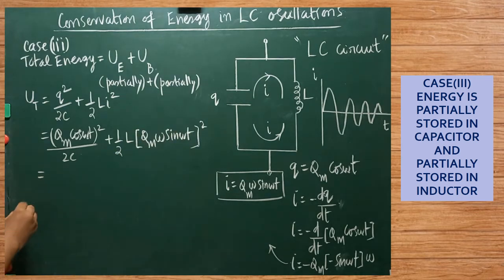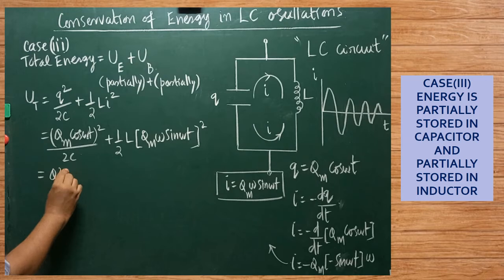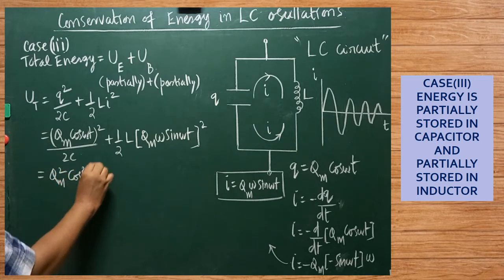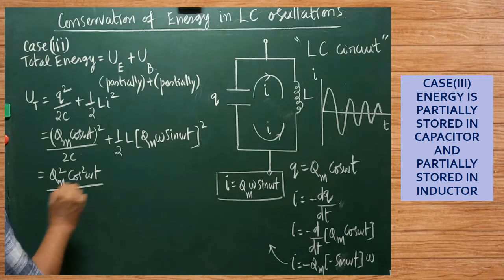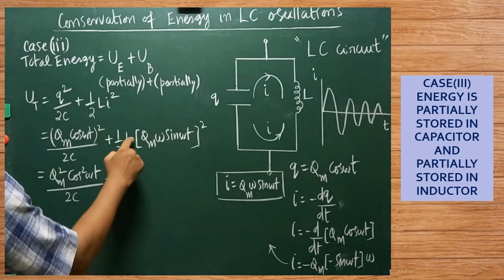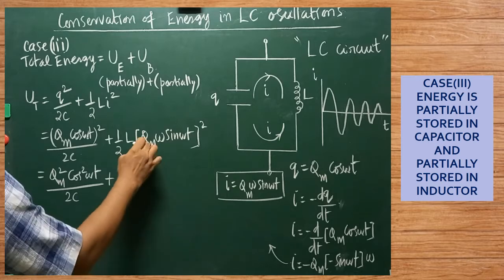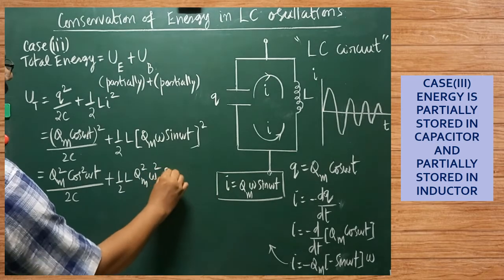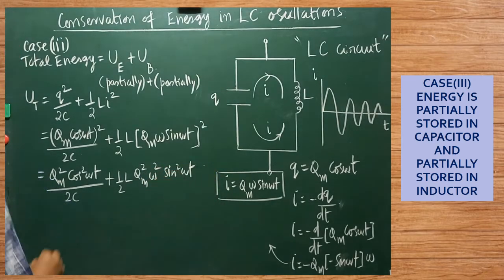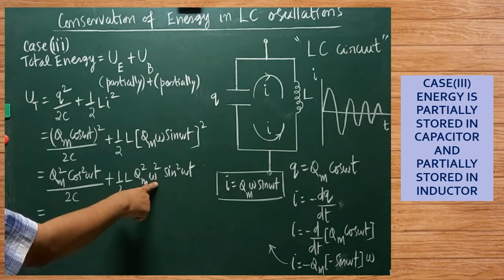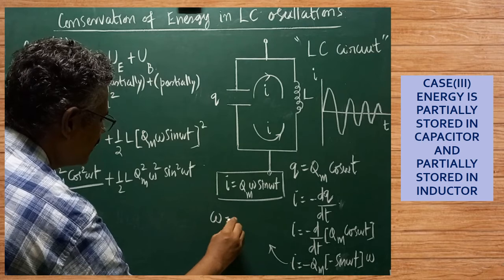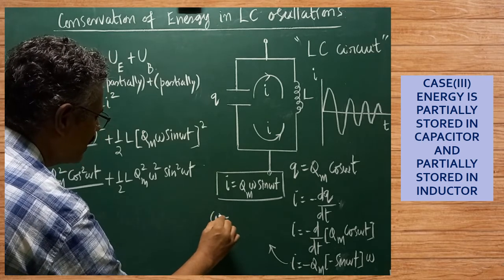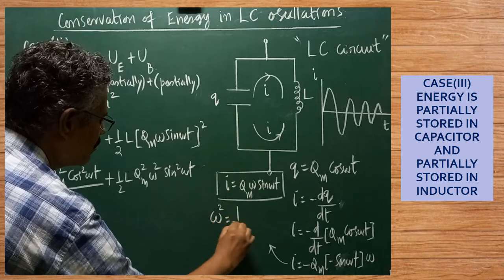Now after squaring, the expression can be written like this: Qm square cos square omega t divided by 2C, plus half L times Qm square omega square sin square omega t. Look at the expression. Instead of omega square, from the resonant frequency expression we have already got omega square equal to 1 by LC.